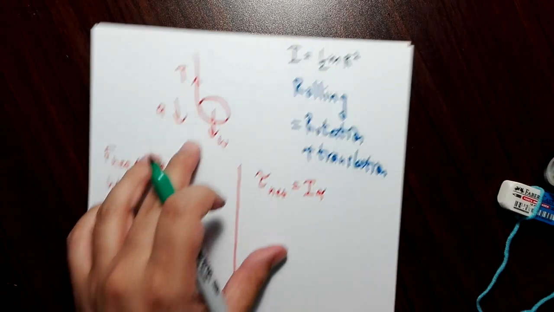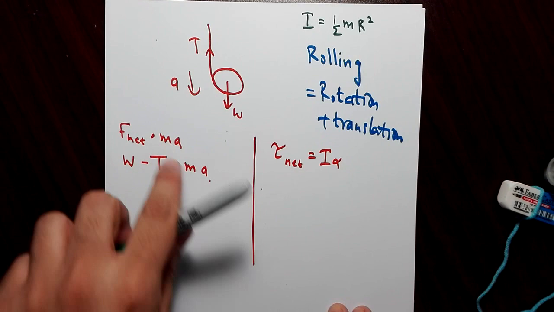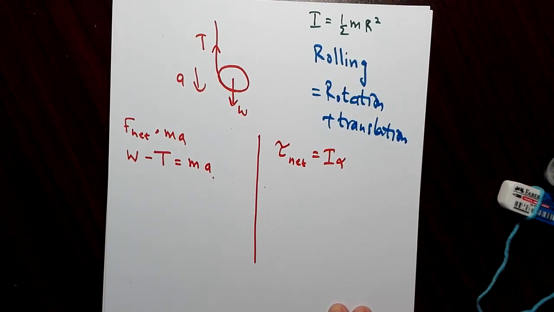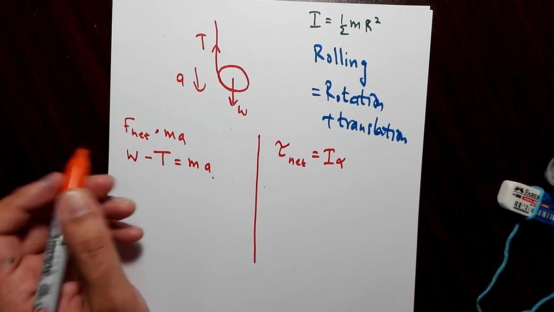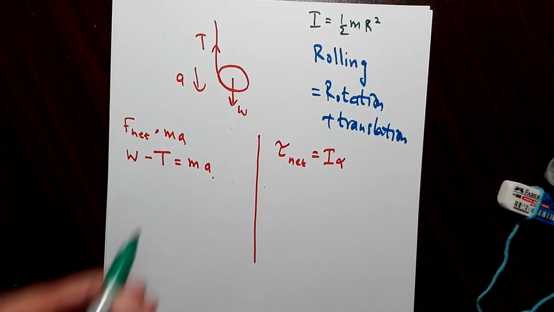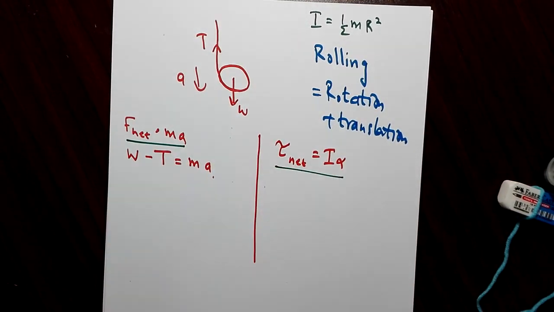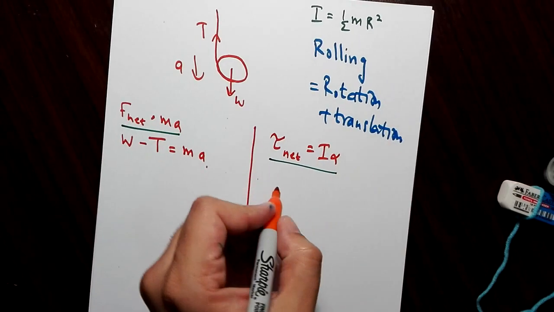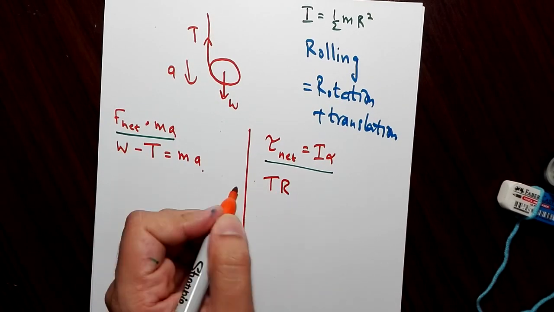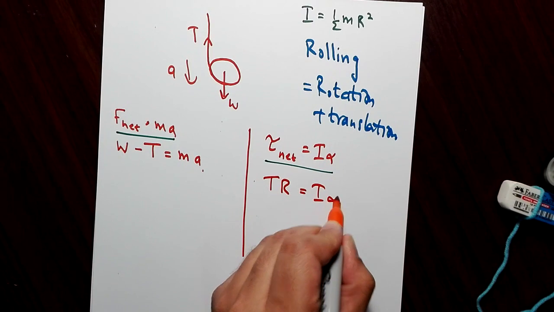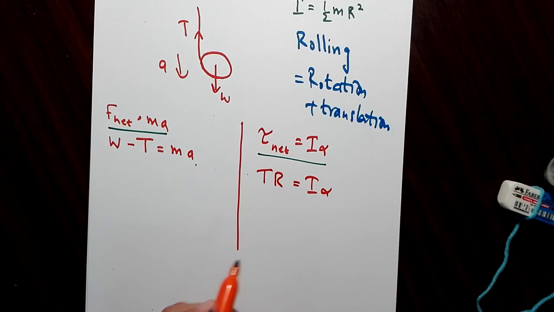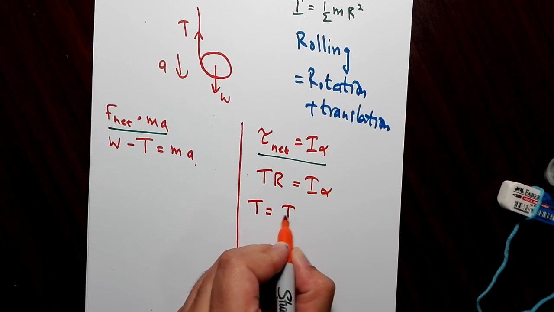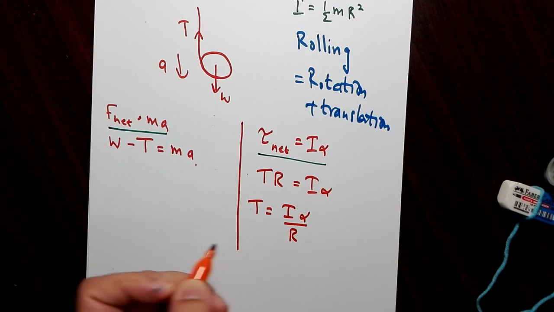There's just one mass involved, which is the mass of the pulley. We're assuming that the string is massless. Tau net equals I alpha gives us T times R equals I alpha, and tension is therefore I alpha divided by R.